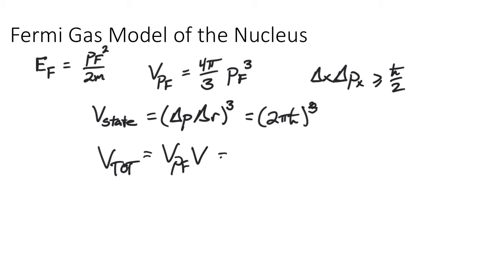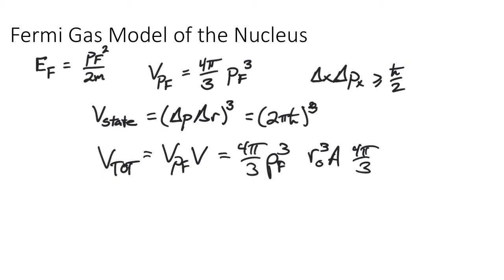Multiplying those factors, we have 4 pi over 3 p_F cubed, and then the radius of the nucleon, this 1.2 Fermi factor, cubed times the number of nucleons that we have, that's the physical volume, and I forgot there's a 4 pi cubed times this volume as well. So that's a volume for all the nucleons together.